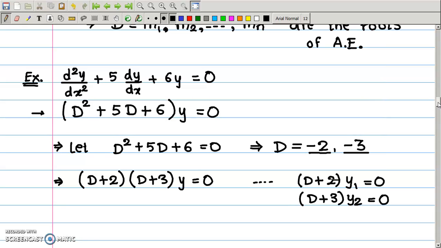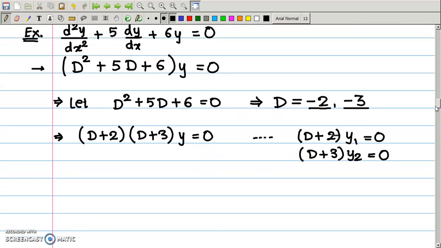These are two linear differential equations of order 1. Then the solutions of this differential equation as well as that differential equation, if we combine them together, that is y1 plus y2, will be the solution of this differential equation. So we first solve equation number 1 and then we go for equation number 2.